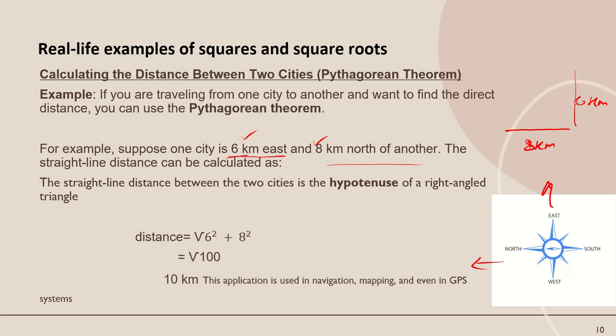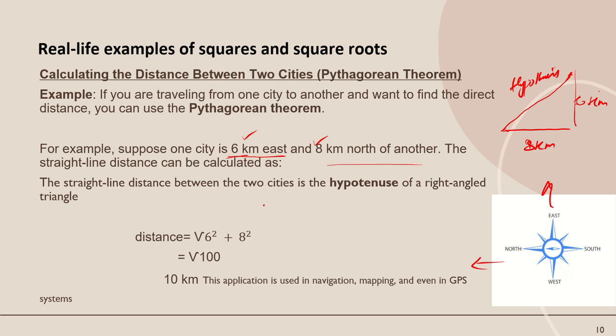Now how can we find the distance between these two cities? We can find the distance between these two cities by finding the hypotenuse, this side. Okay, write the formula of the Pythagorean theorem.